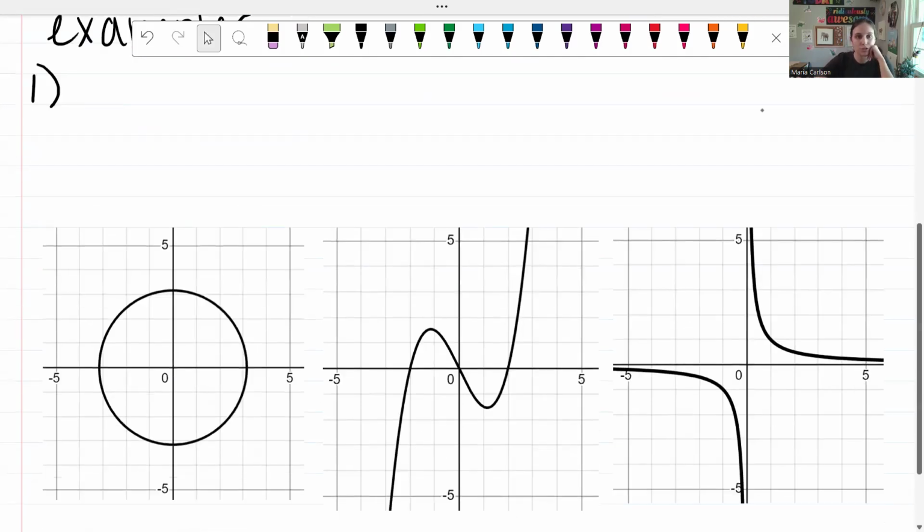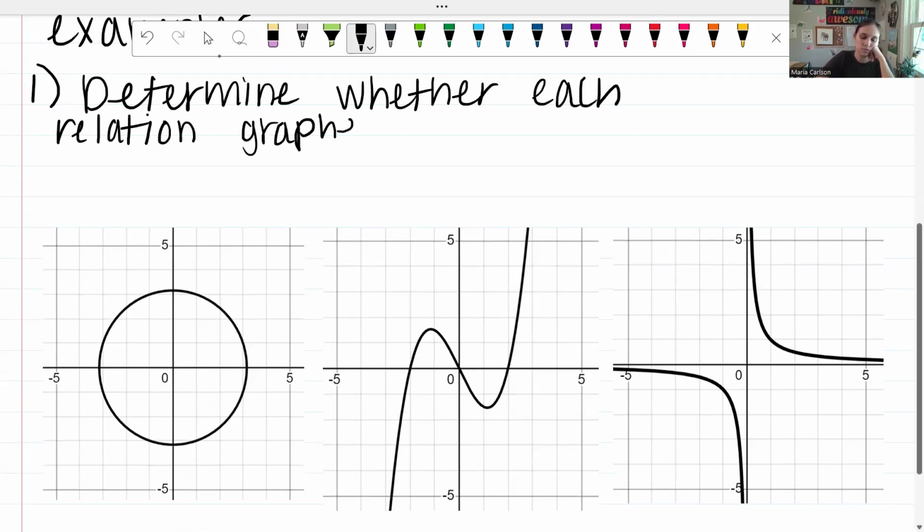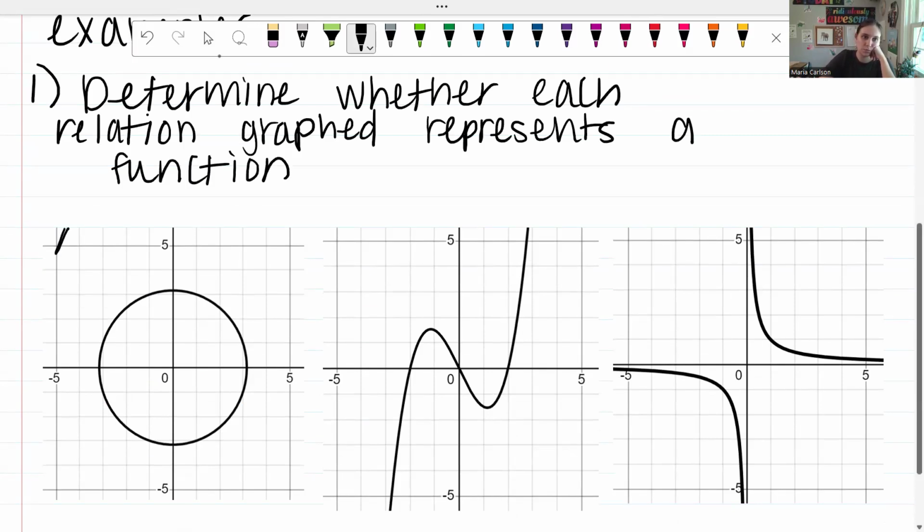We are going to determine whether each relation graph represents a function. So I'm going to label these. This will be A, B, and C.